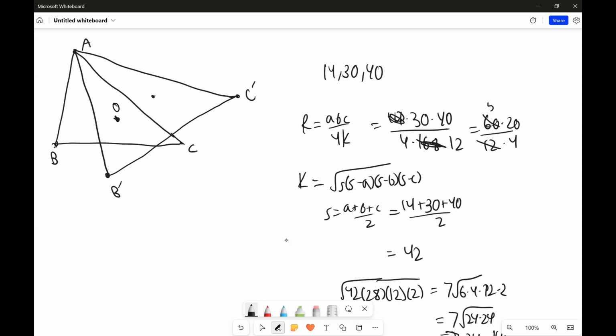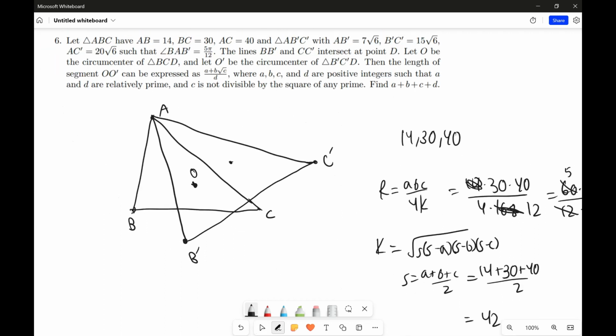This becomes 5, and this becomes 5, so that becomes 25. So now that we know that AO is equal to 25, do we have to do the same calculation for AO'? Of course not, because we know the ratio of similarity from ABC to AB'C' is root 6 over 2. So that's 25 root 6 over 2.